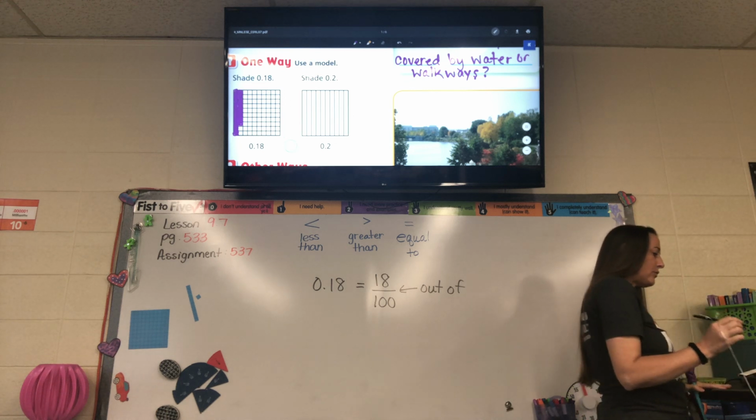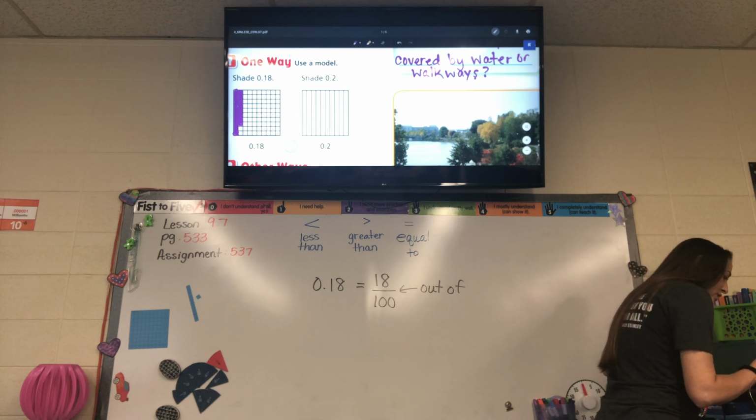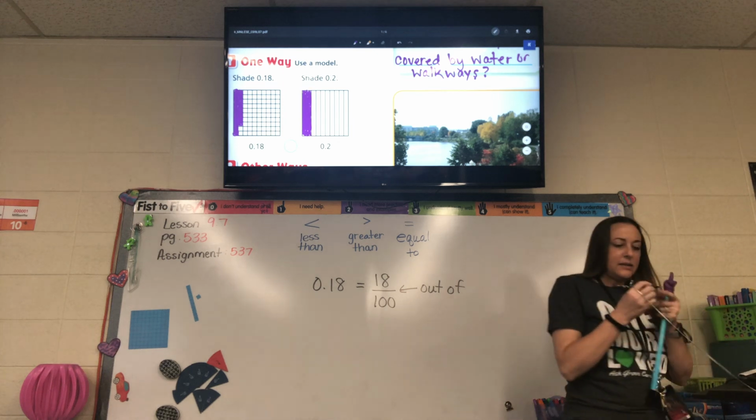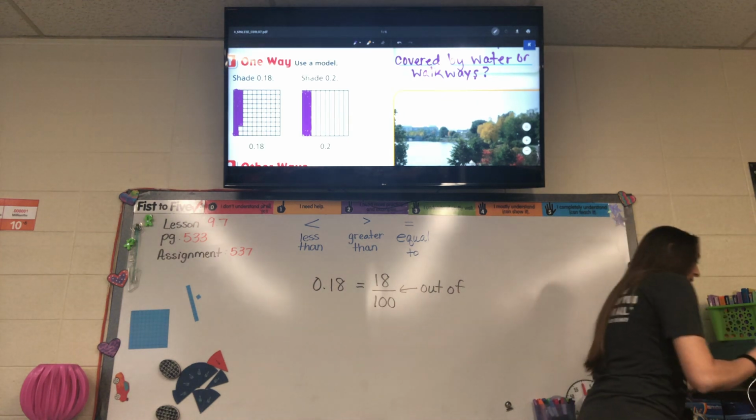Then we go over to the tenth size parts, and we're supposed to shade 2 of those. So 2/10 here is what I'm going to shade. The tip of my stylus is about to fall off, so it's not working real well.